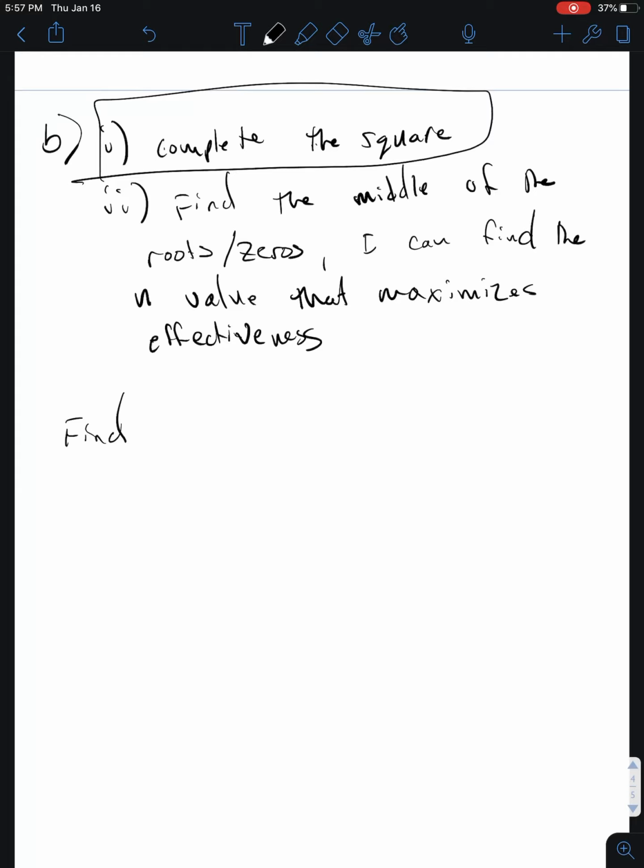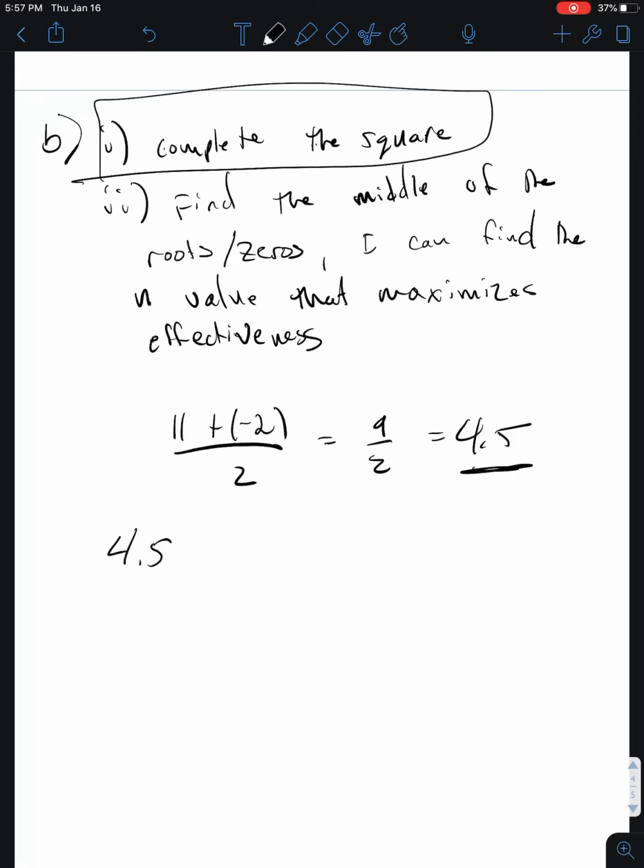So 11 minus 2, that's 9 over 2, which is 4.5. That's the number, 4.5. So that means 4.5 million people is the peak that maximizes effectiveness, right?